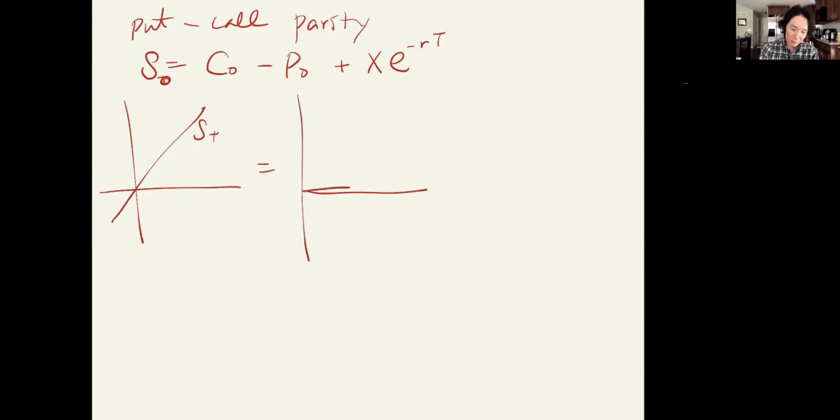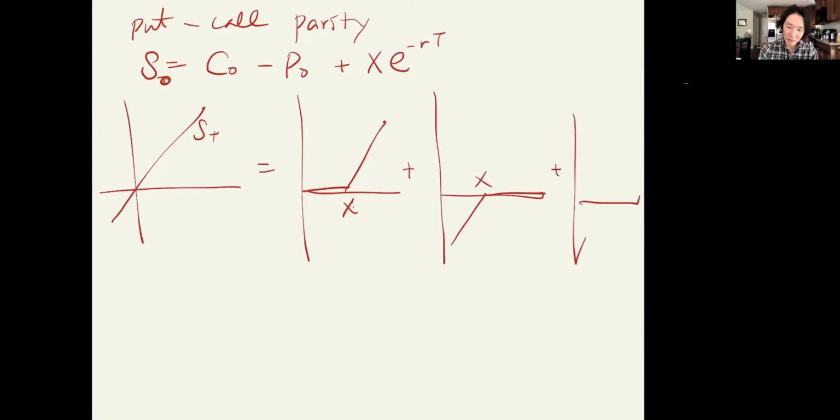The first one is the call option with strike price of X. Now let's add a put option, a short position in the put, okay, with the same strike price, okay? And the last thing you add is a bond.